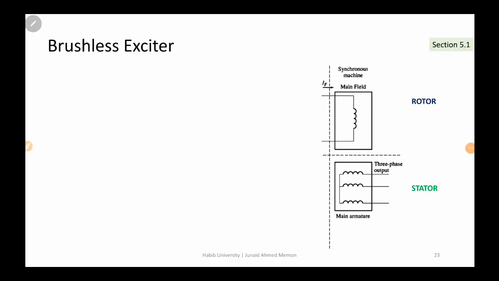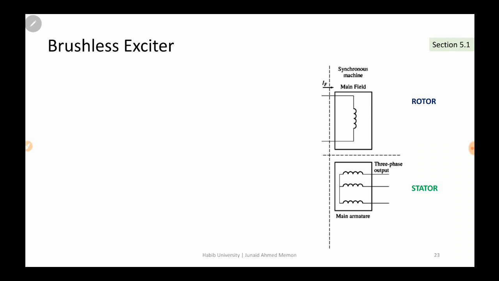In order to energize the rotor coil, which is the rotor electromagnet, we have one more technique besides slip rings and brushes. We have what we call the brushless exciter.